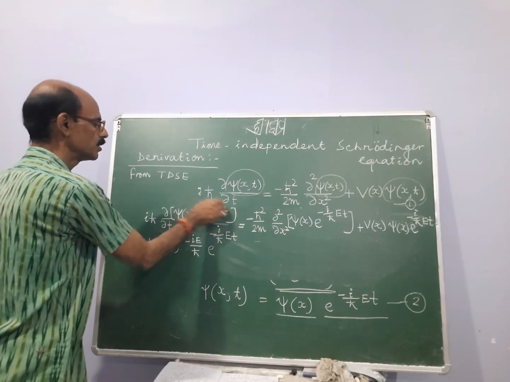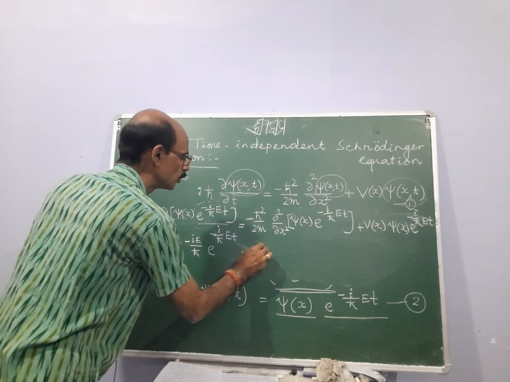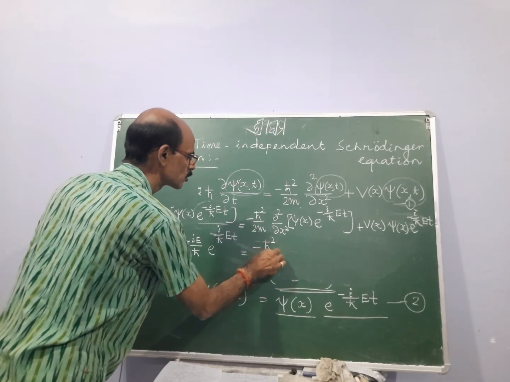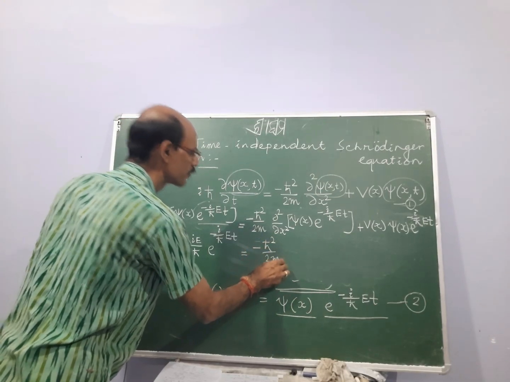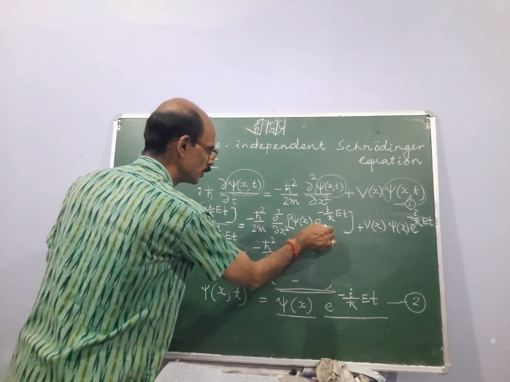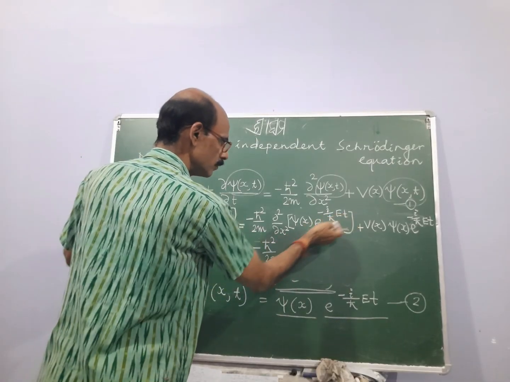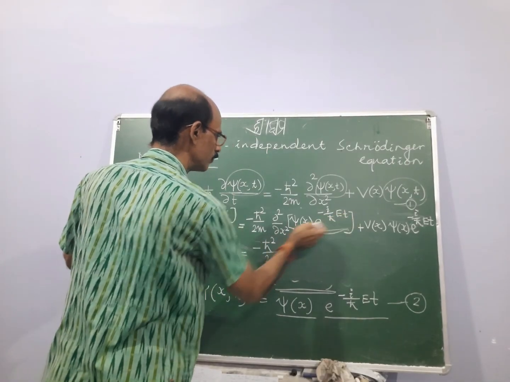That is equal to minus h cut square by 2m. Here psi x is dependent on position, and the exponential is dependent on time.